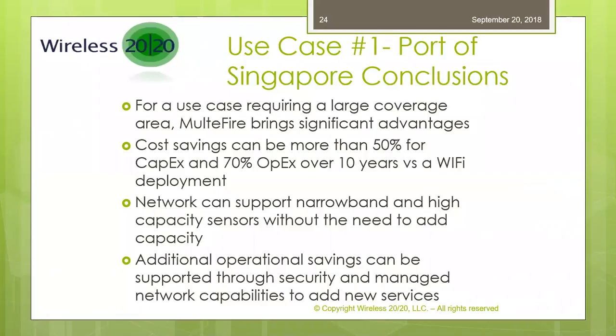There's no need to add additional capacity, even though the model assumes that there is growth in traffic over the 10 years that the model covers. We never had to add additional capacity, so this brings lots of additional capacity savings. That is what a large-scale IoT network might look like from an economic standpoint.